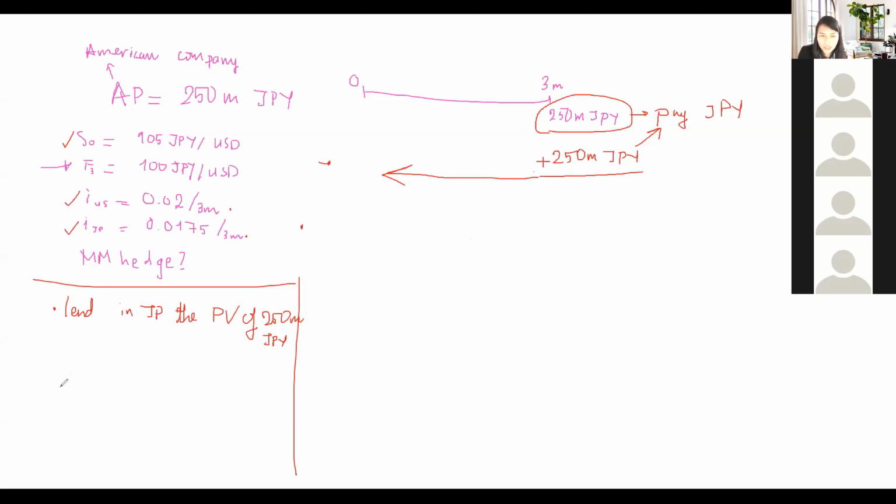So if I lend in Japan, that means I'll be borrowing in the US. How much do I borrow in the US? I will borrow the USD equivalent of the present value of 250 million Japanese yen. Let's call this X1. So in my borrowing activity, I'm going to be borrowing the USD equivalent of X1 at the spot rate.